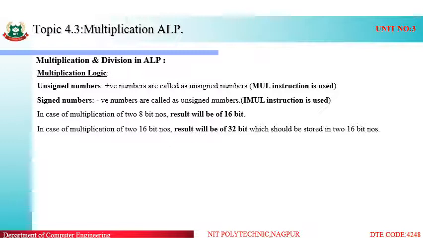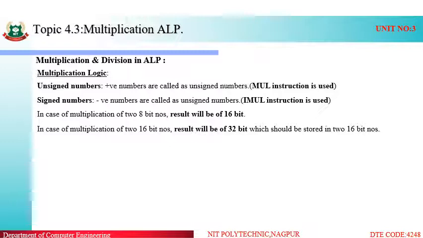So for unsigned numbers there is a dedicated instruction which is mul. So in case of multiplication of two unsigned numbers, that is positive numbers, we have to use the instruction mul, and if the multiplication is of negative numbers, that is signed numbers, then we have to use the instruction imul.